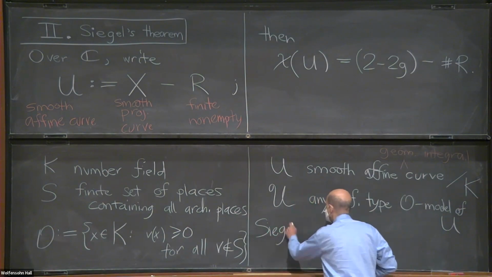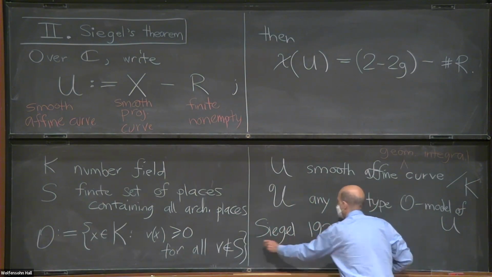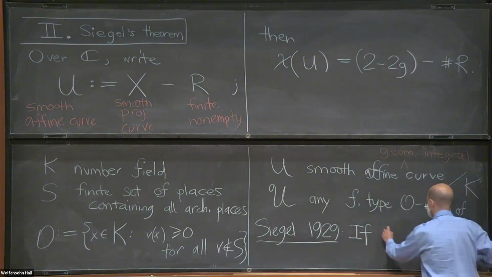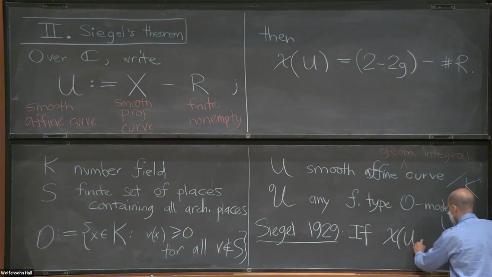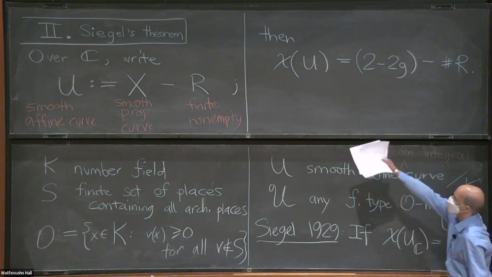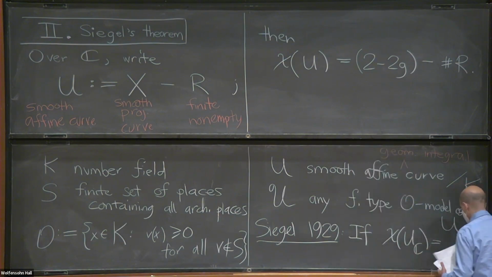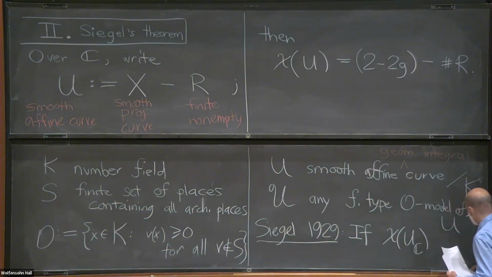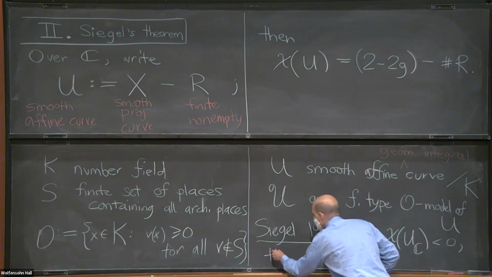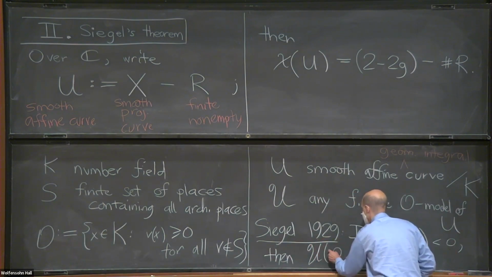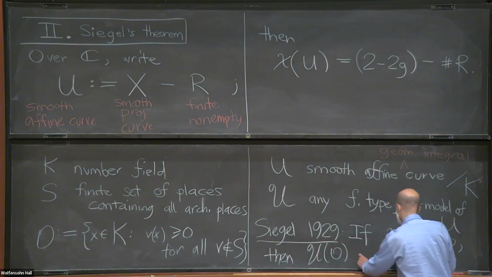Now I can state Siegel's theorem. Siegel proved in 1929 that if the Euler characteristic of the curve, well, you can base change to the complex numbers and define Euler characteristic in the way as there, is negative, then the set of S-integral points on this model is finite.